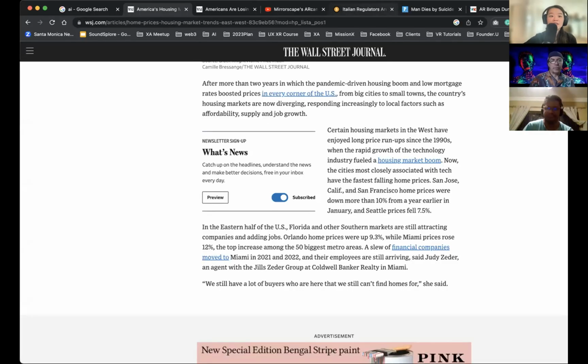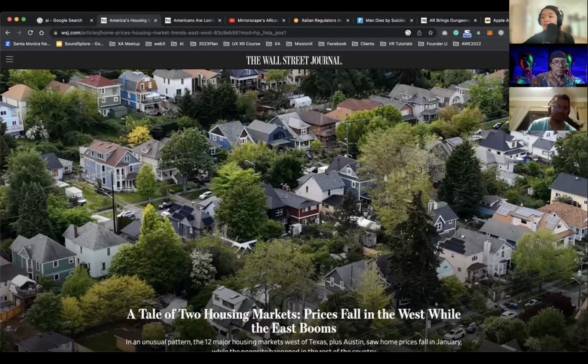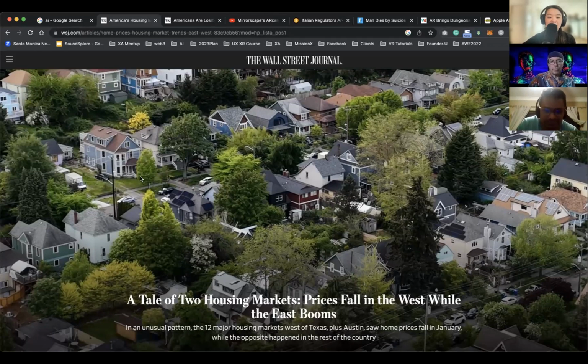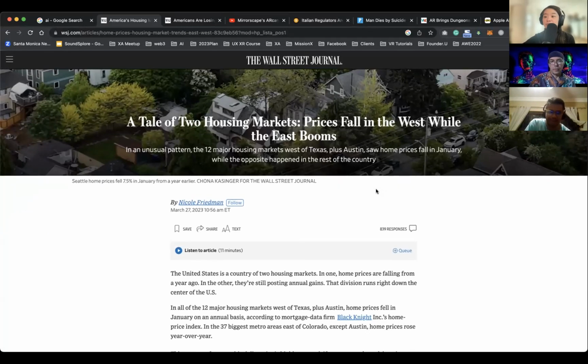Okay, continue. Yeah, I'm going to share a series of things that I've been seeing recently. The first one is the tale of two housing markets. Prices fall in the West while the East booms.